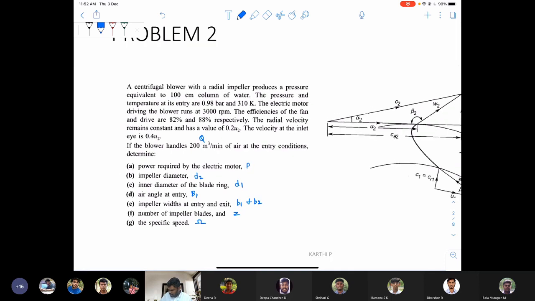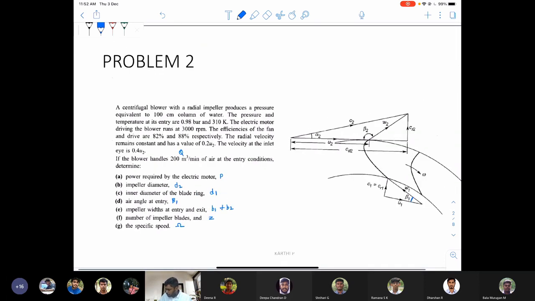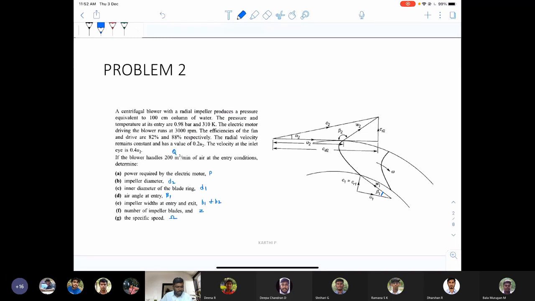Now, in the problem, a centrifugal blower with a radial impeller produces a pressure equivalent to 100 centimeter column of water, which is your delta P naught value.